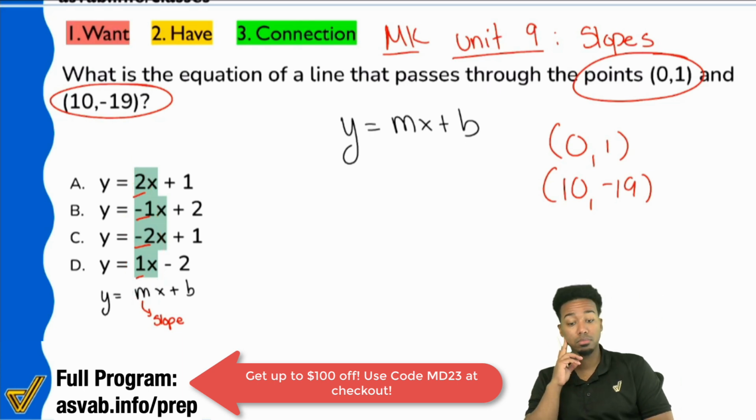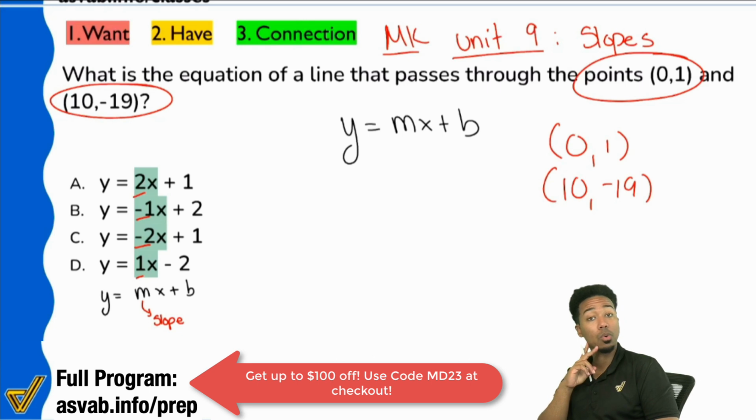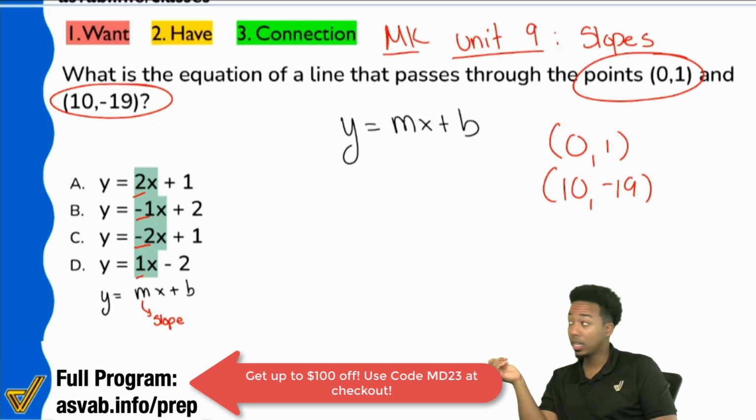Is that true? Could we just find the slope and be done? That's the question. Yeah, and the answer is yes. We could just go ahead and calculate the slope. If we found the slope, we have our answer. So that's a slightly faster way to do it.